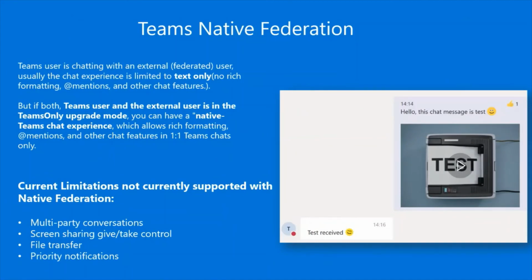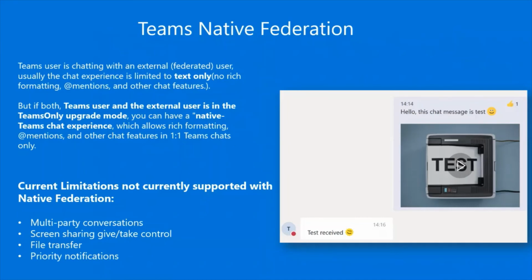We'll be moving on to the next slide to talk about Teams native federation. If you and the external party are in Teams only mode, in case of federation, you can enjoy rich formatting such as @mentions and other chat features in one-to-one chats only. We do have some limitations as of now, such as multi-party conversations, file transfers, priority notifications, and screen share if you want to give and take control with the external party.